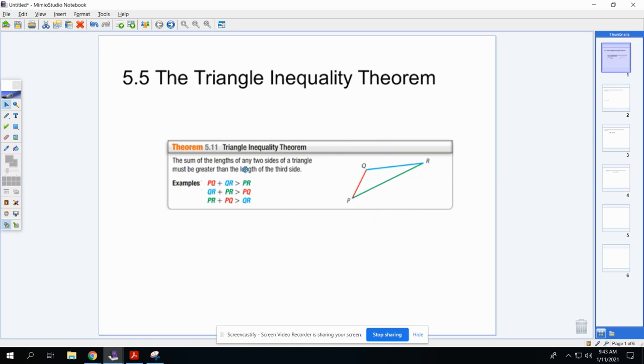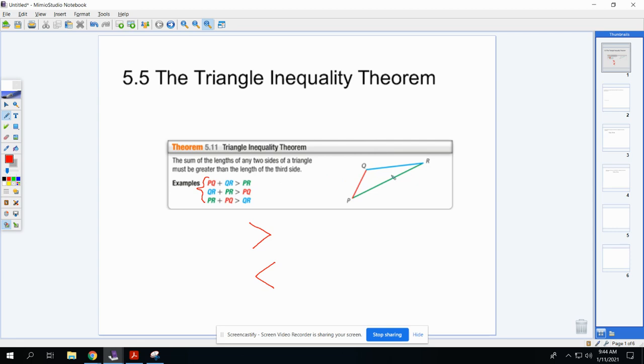And then they take these three inequalities. And remember, if you don't know what an inequality is, it's really just a greater than or a less than sign, right? Any statement with a greater than or a less than sign is an inequality. What they say here is, if we take the sum of two of the sides of a triangle, and as you can see, they have it 3 times here, that's because they have to make sure they get every combination of two sides.